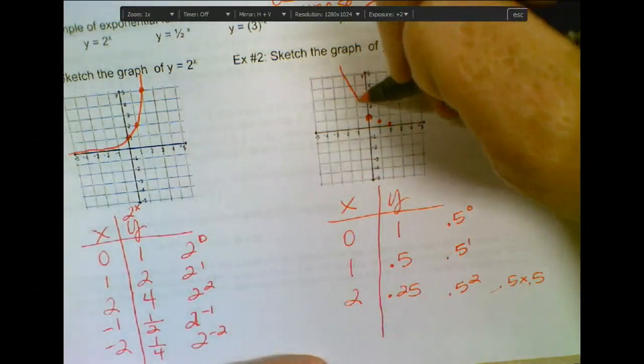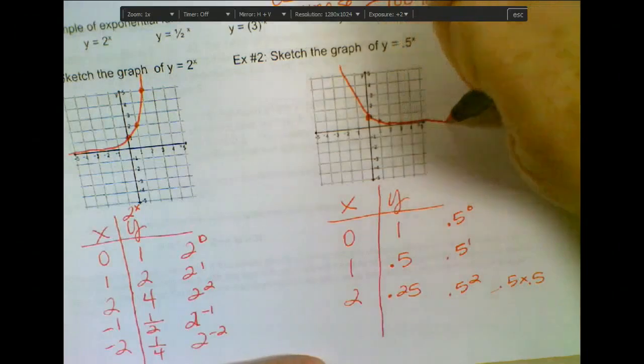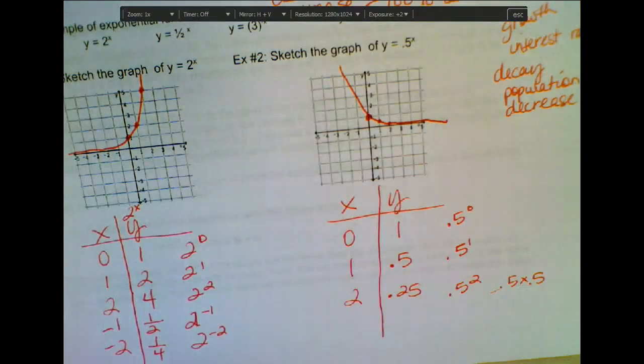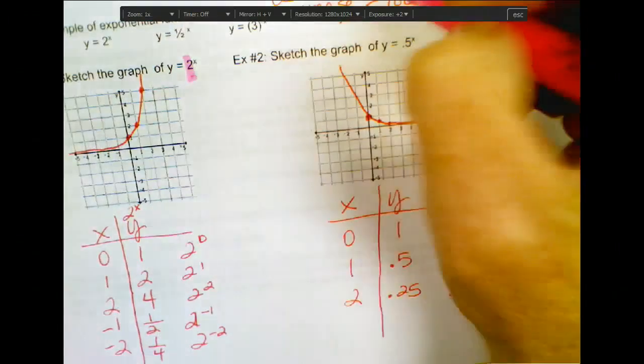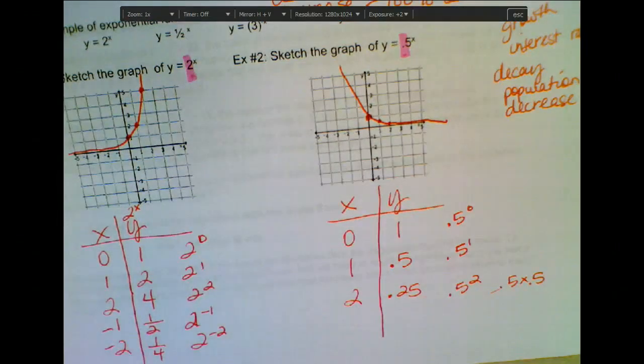So this graph is actually bending the other direction. See if you can ask yourself why you think that might be and what these two graphs may represent. So this number is what really becomes important. Okay?